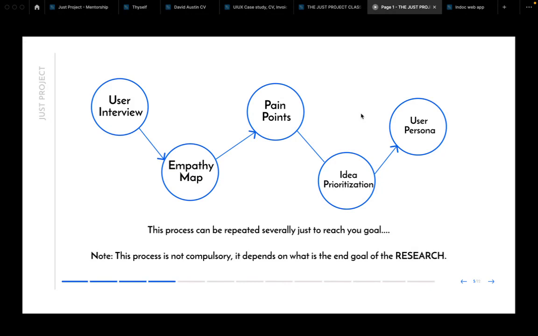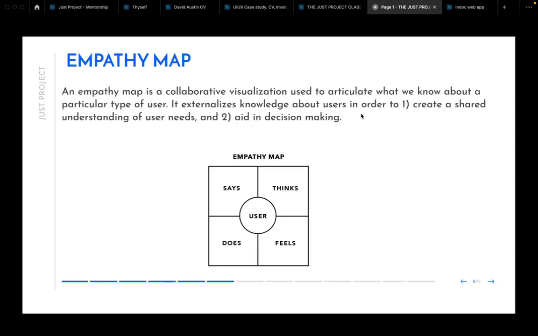And note this, this process is not compulsory. It depends on the end goal of the research. Also, this process can be repeated severally just to reach your goal. So you can repeat this process just to make sure you get the right response from your users.